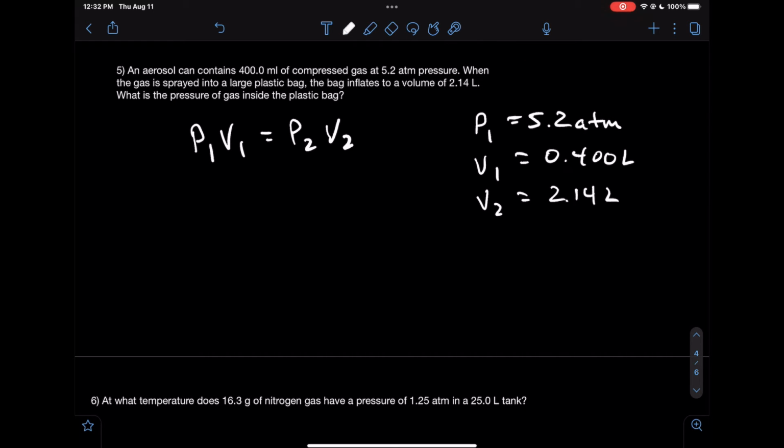So we need to arrange this equation to solve for P2. So to get P2 by itself in this equation, we'll go ahead and just move V2 over to the left-hand side. So the final equation will be P2 is equal to P1 times V1 divided by V2.